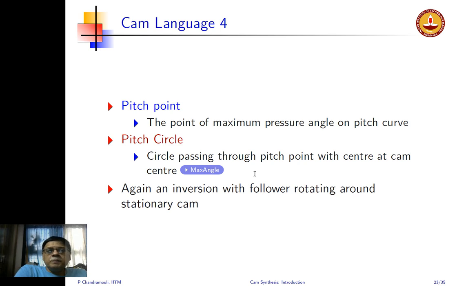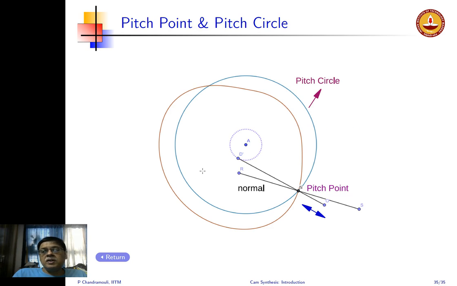The pitch point happens to be the point of maximum pressure angle. This pressure angle, of course, varies along the cam profile. The point at which the pressure angle is a maximum on the pitch curve is called the pitch point, and the circle drawn from the cam center passing through this pitch point is called the pitch circle.